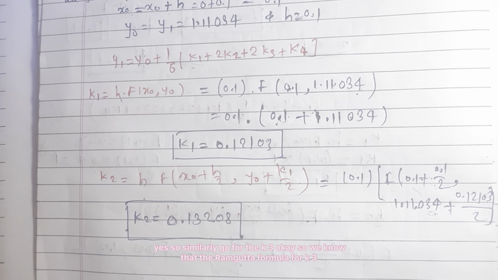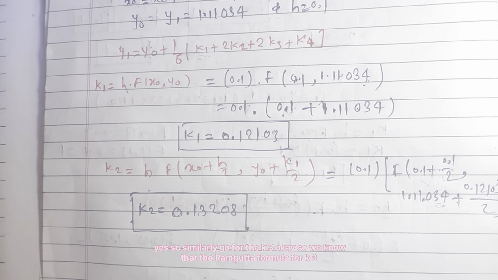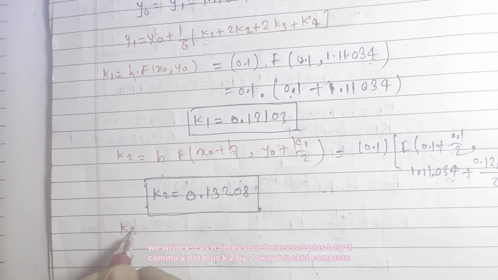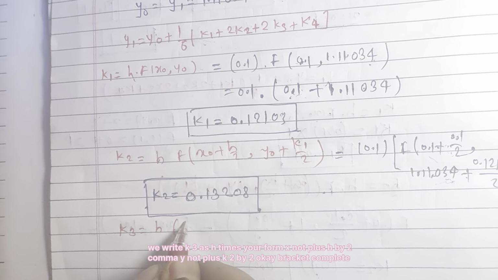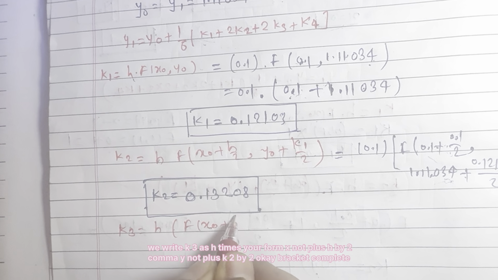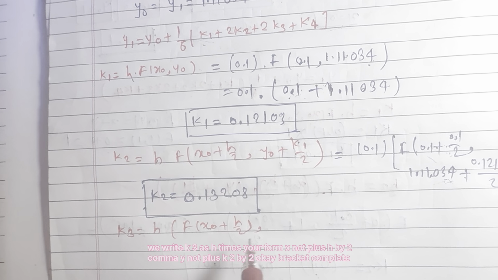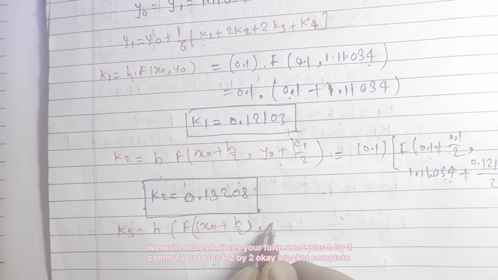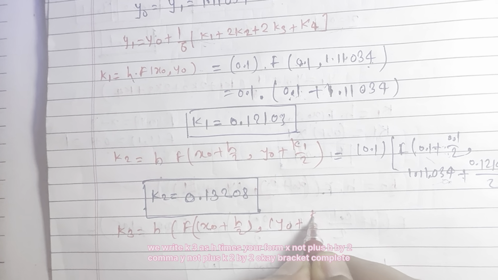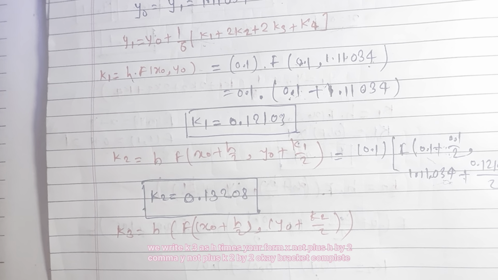Yes. So similarly go for K3. We know that in the Runge-Kutta formula we write K3 as h times f of x naught plus h by 2 comma y naught plus k2 by 2, bracket complete.